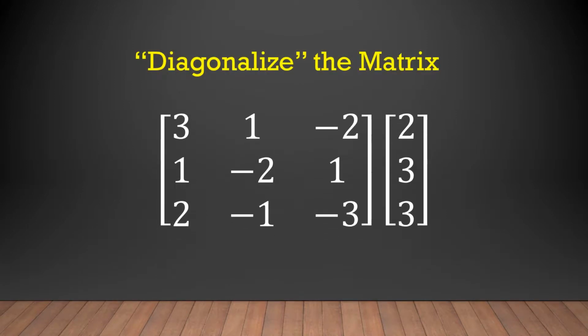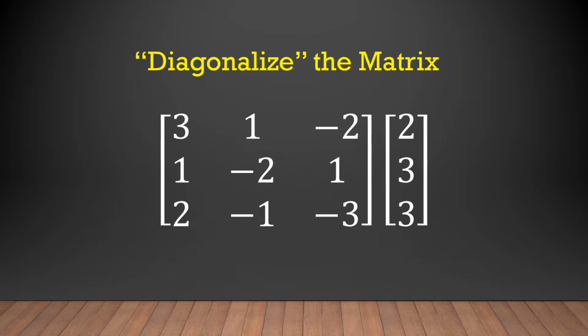Okay, the strategy to do this is going to be the same for any 3 by 3 that you encounter. First, you have to diagonalize the square matrix, and what that means is we turn everything into a 0 except for the diagonals, and those are going to be turned into 1s. And as we do that, it's going to change the column matrix on the right.